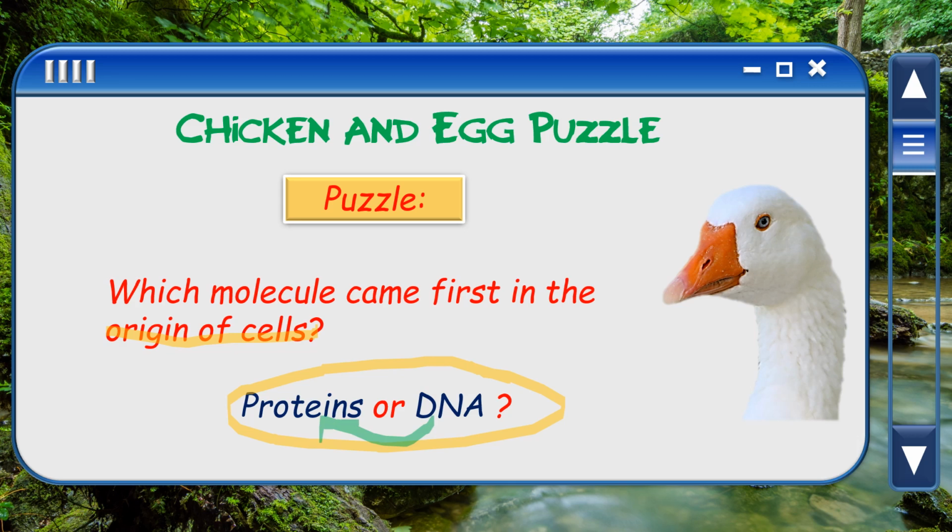DNA requires protein to be replicated. So who comes first? That is the puzzle that exists. If we say cells come from pre-existing cells, which is true, which one came first? Was it the protein or the DNA?